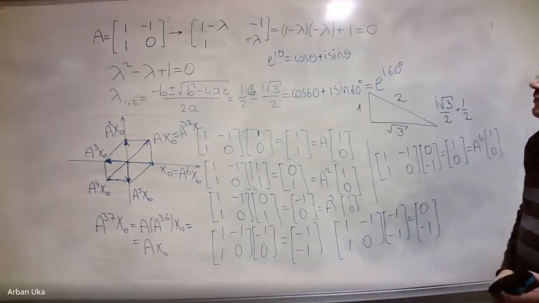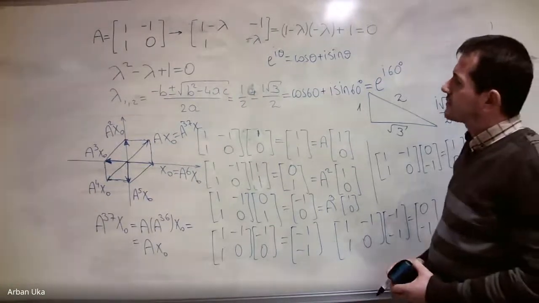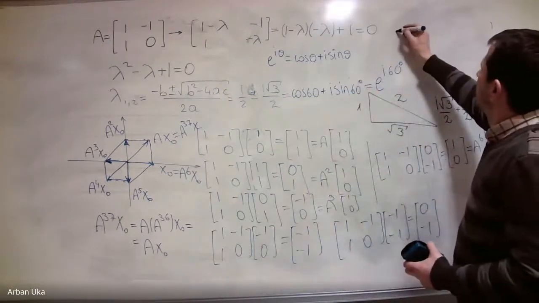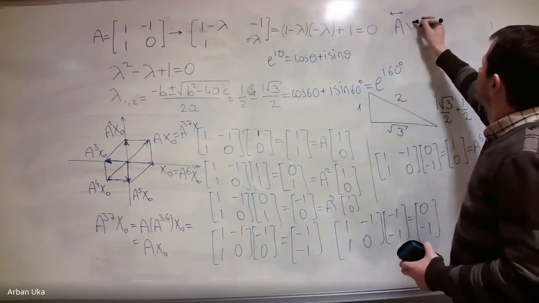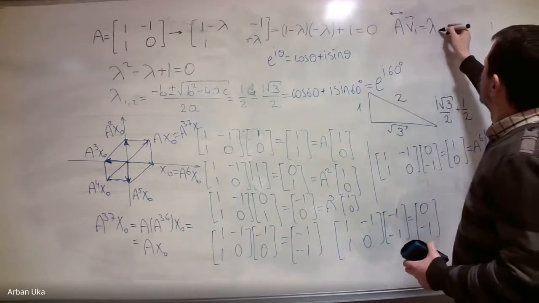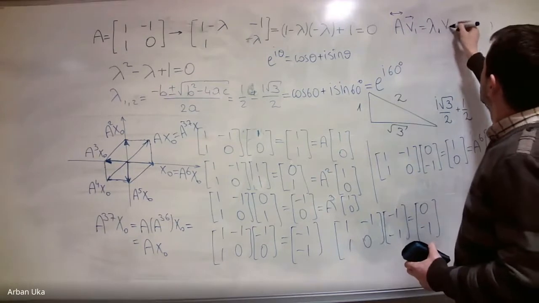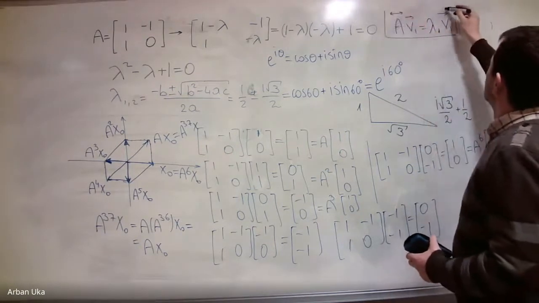And we also know the eigenvalue equation: if we have matrix A times the first eigenvector V1, this would be equal to lambda 1 times V1.